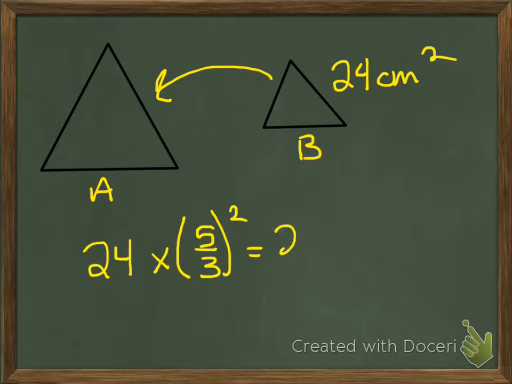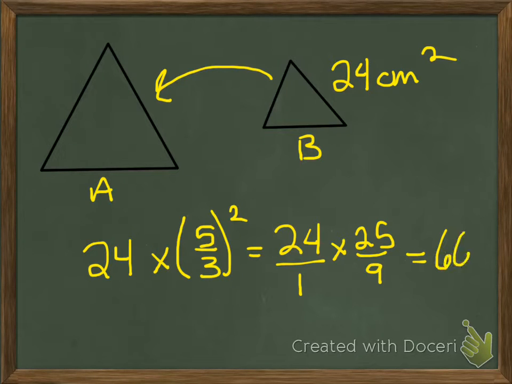So that means that it's 24 times 25 over 9. Right, we're just multiplying fractions, so we put it all over 1. And when you do that multiplication, you get 66 2/3.